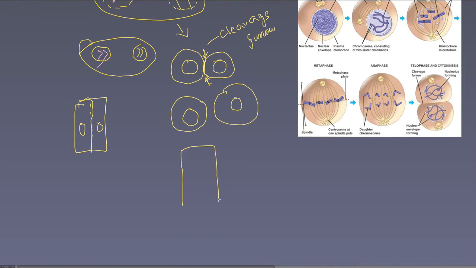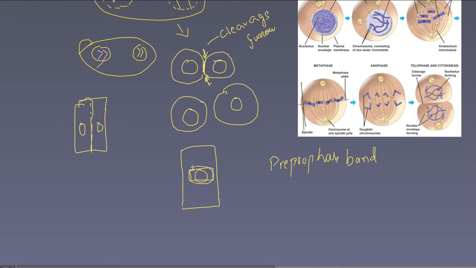It's that in a plant cell you have what we call the pre-prophase band. And what it is, it's actually an array or a network of microtubules surrounding the nucleus. So this is the pre-prophase band right here.